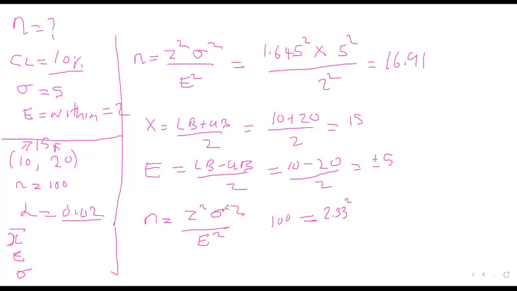Our variance, our standard deviation is what we're looking for. And our error was found as 5. So we can cross multiply.